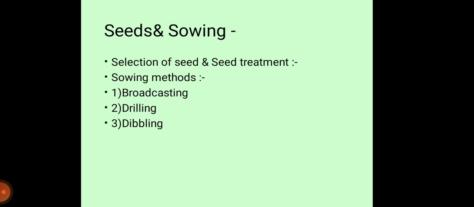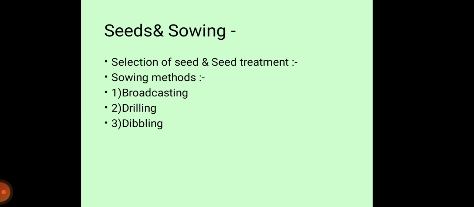Seed treatment with sulfur, carbofuran, or 30% brine solution, and azotobacter culture at 250 grams per 10 kg of seed to increase nitrogen availability. These are the different types of seed treatment that should be used.